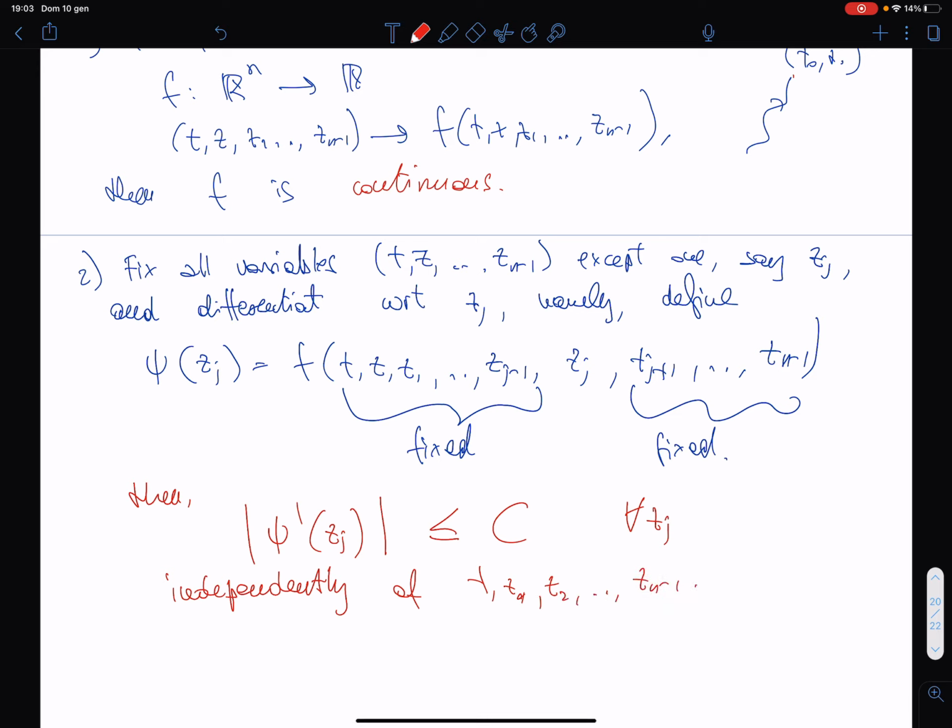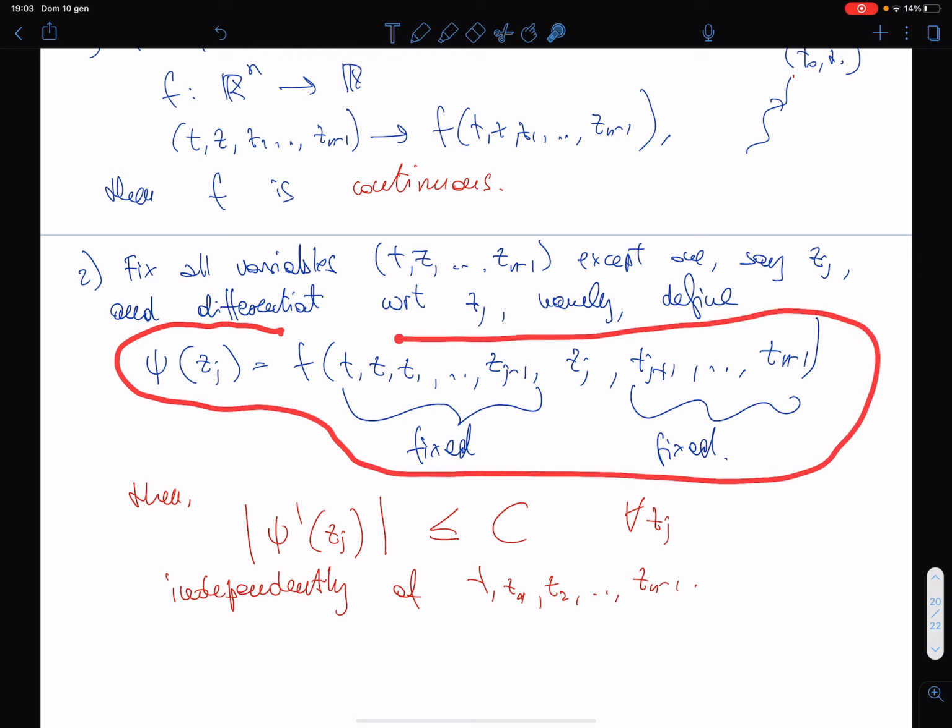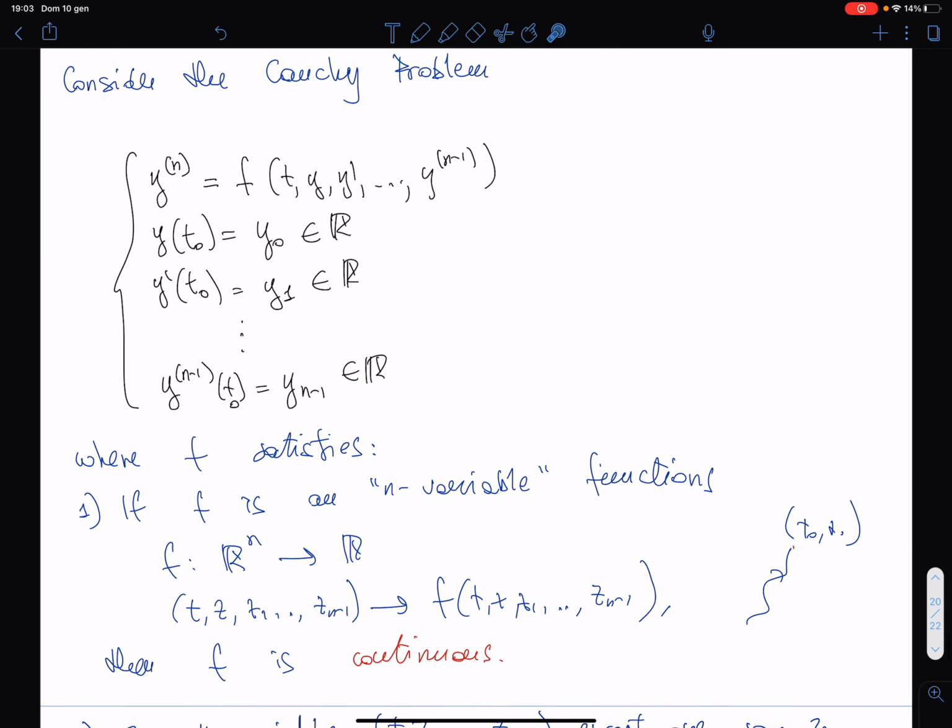This is quite technical. I'm just saying that we will see it in a strange example. We are just saying that here the growth of this f that defines the differential equation of the Cauchy problem is controlled, cannot explode.